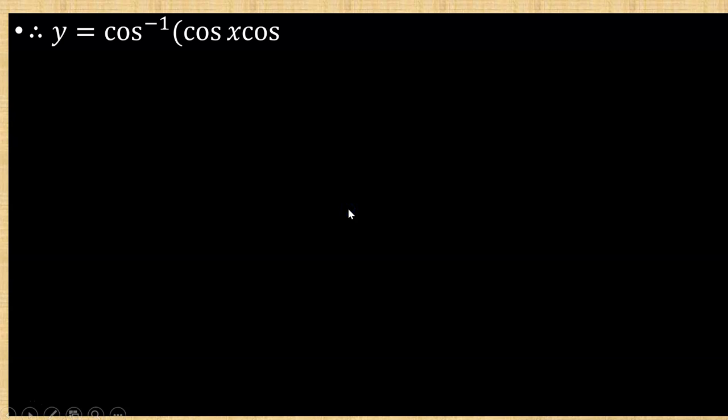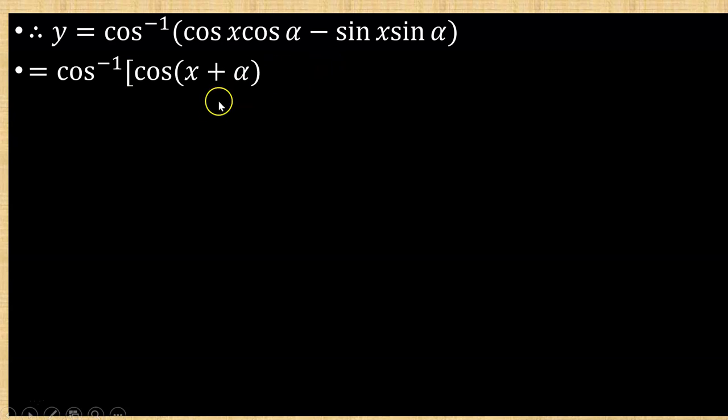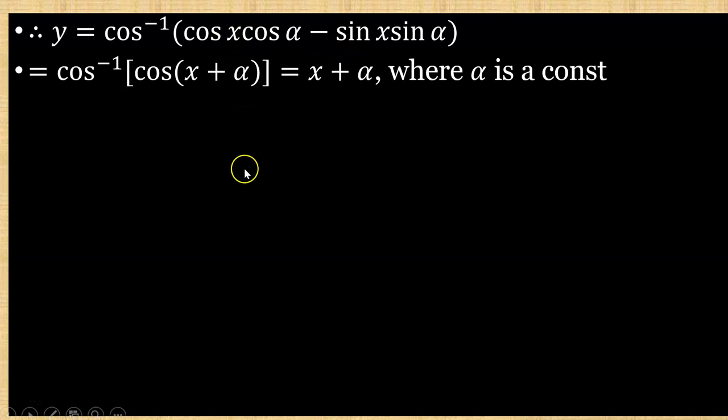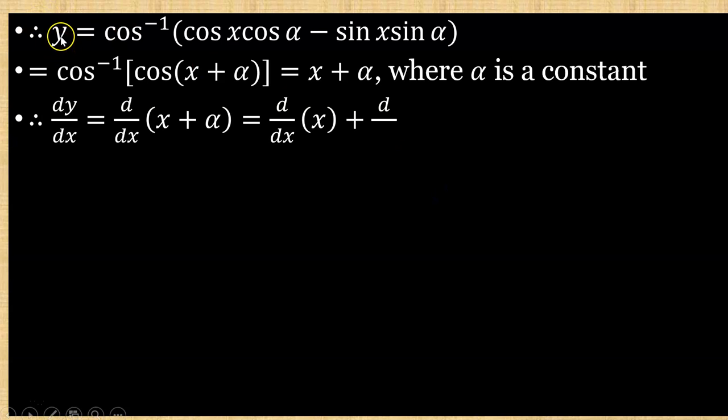Y is equal to cos inverse of cos x into cos alpha minus sin x into sin alpha. And now this is the expansion of cos of a plus b, that is cos of x plus alpha. It means cos inverse of cos of x plus alpha is nothing but x plus alpha, where alpha is a constant.